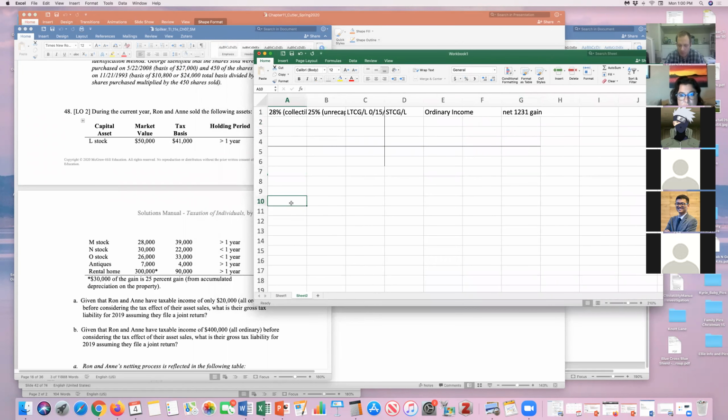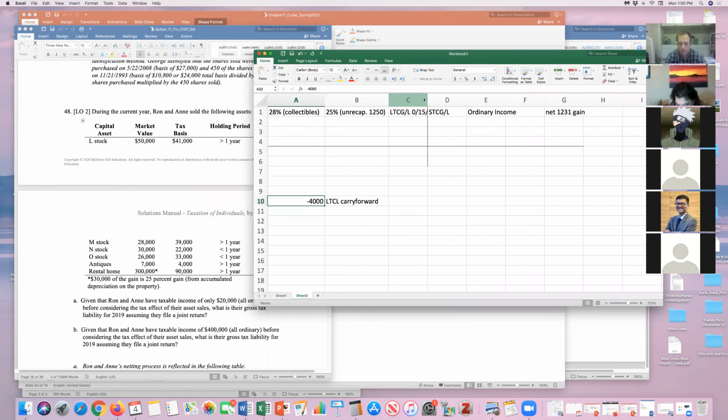What if we're told somebody has a $4,000 long-term capital loss carry forward from a prior year? It didn't matter where that came from last year. I'm always going to start it right here. It gets to start in the highest category.